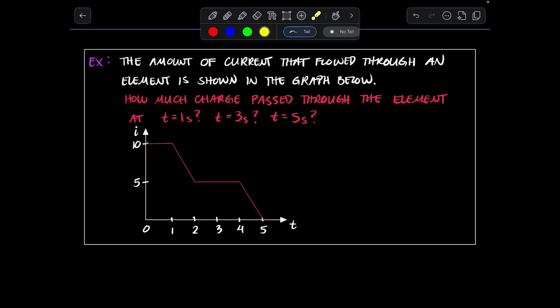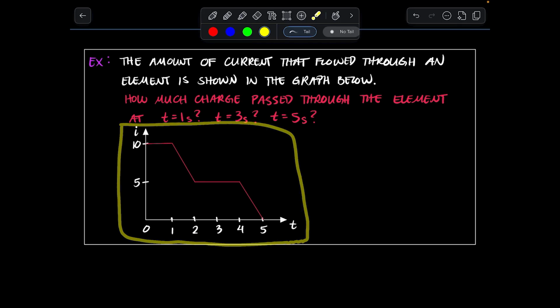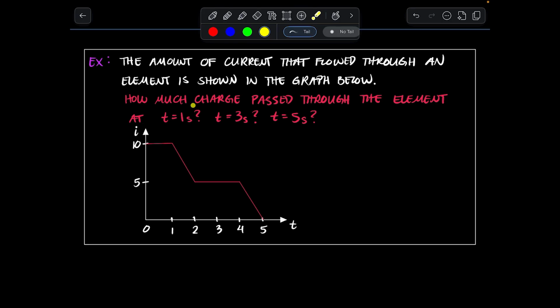Now, for our last example, we are given a graph, this time of the current with respect to time. This is the amount of current that has flowed through an element, and we're asked for how much charge has passed through that element at these 3 given times: 1 second, 3 seconds, and 5 seconds.